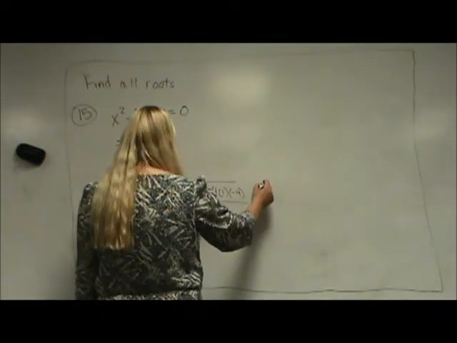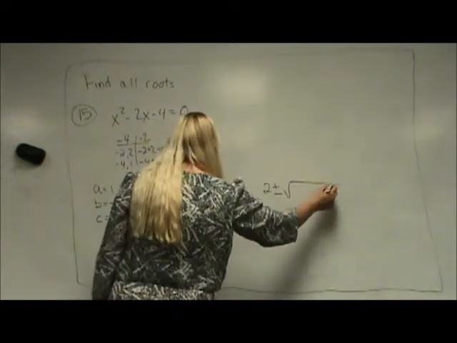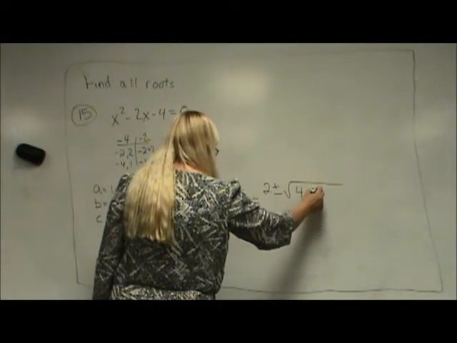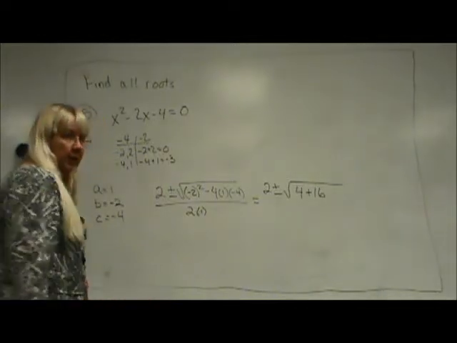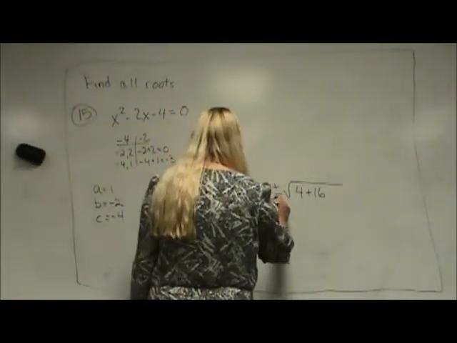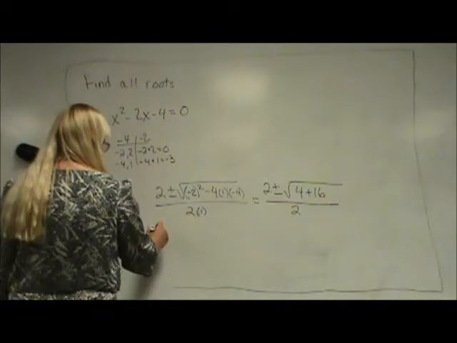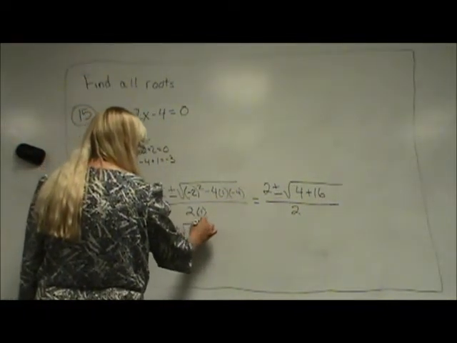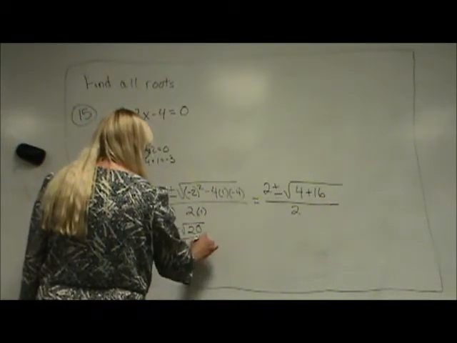And that gives me 2 plus or minus the square root of 4 plus 16, because I have a negative here and a negative here, so that'll give me positive, all over 2. So that gives me 2 plus or minus the square root of 20 over 2.